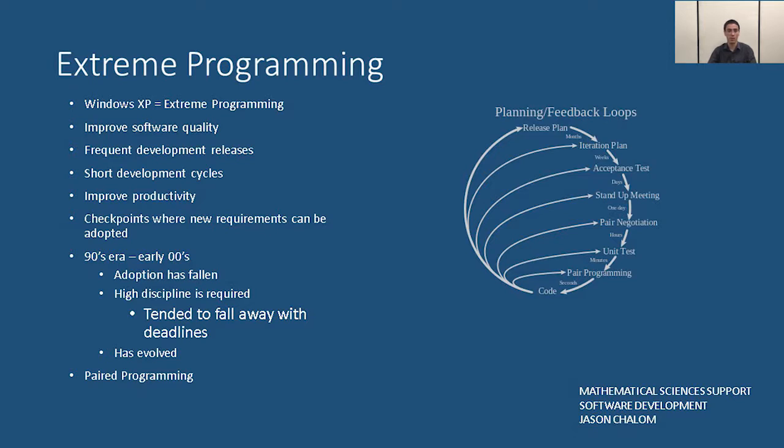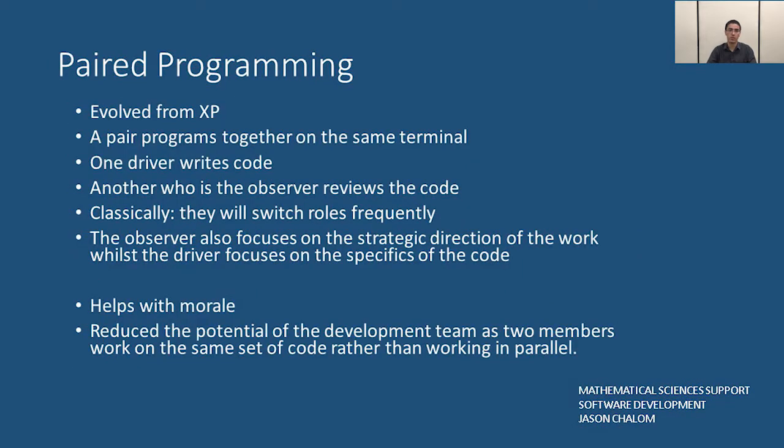This model focuses on rapid development of a lot of features within a very short period of time. The idea is to improve productivity of teams rather than improve deliverability of software.